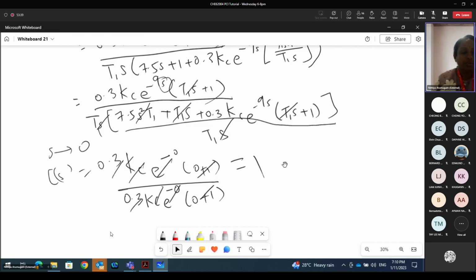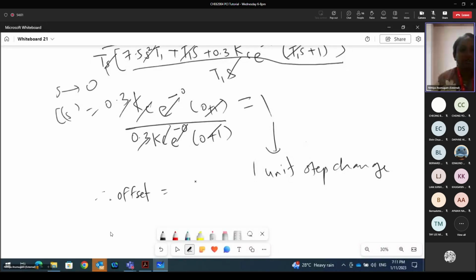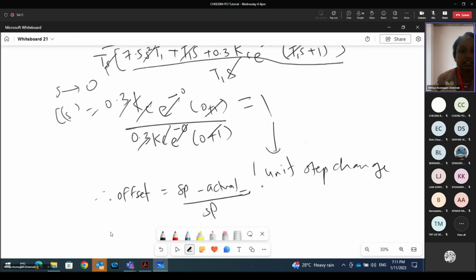So for 1 unit step change, what they mean by this is 1 unit. Okay, 1 unit step change, C increases by 1 unit. So offset will be the set point minus the actual or measured value, over the set point. Okay, or this one to calculate the offset.